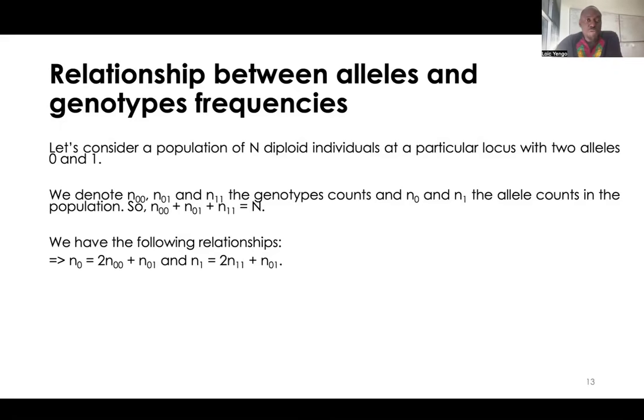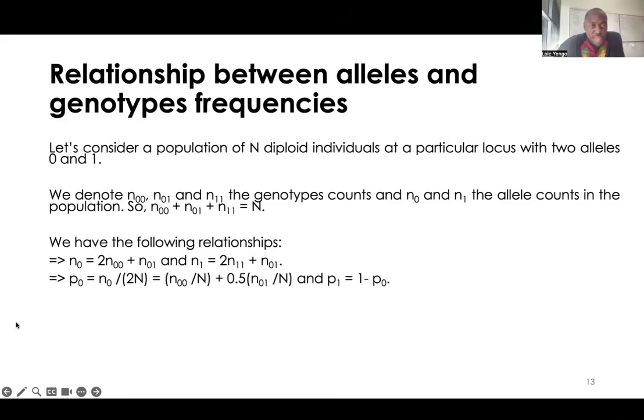Which means that if you want to count how many 0 alleles there are in that population, you calculate it as twice the number of 0,0 genotypes plus 1 times the number of 0,1 genotypes. Similarly, the number of 1 alleles is calculated as twice the number of 1,1 genotypes plus 1 times the number of 0,1 genotypes.